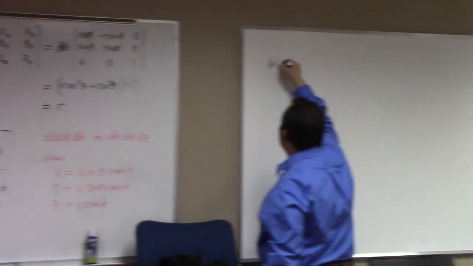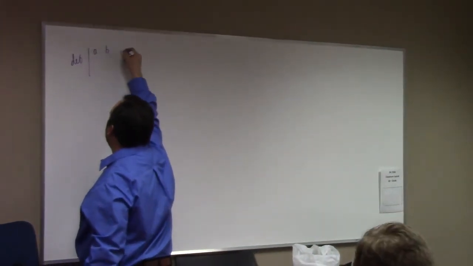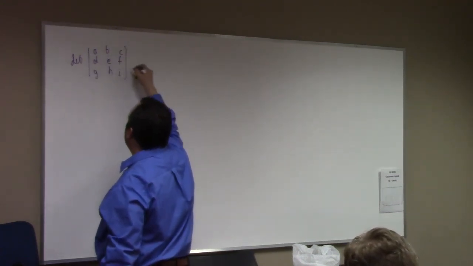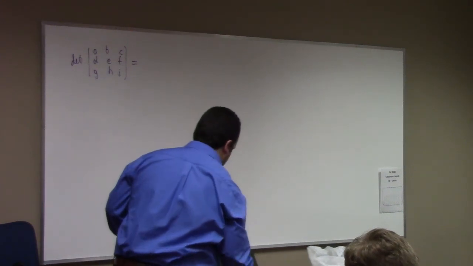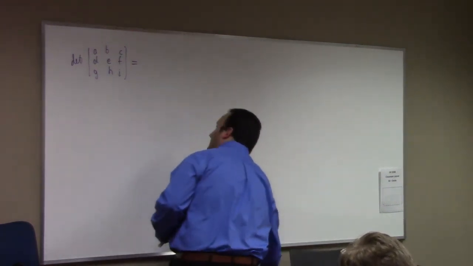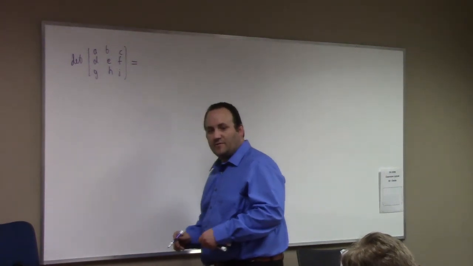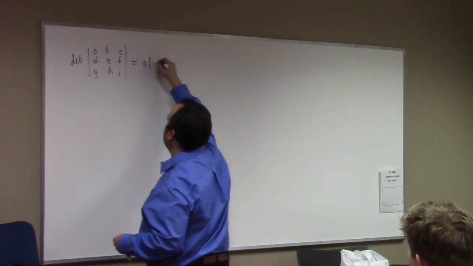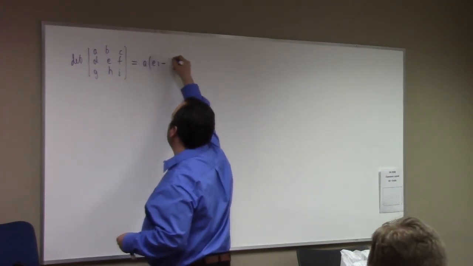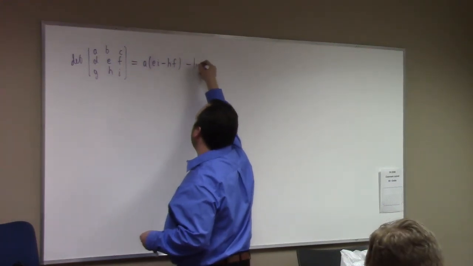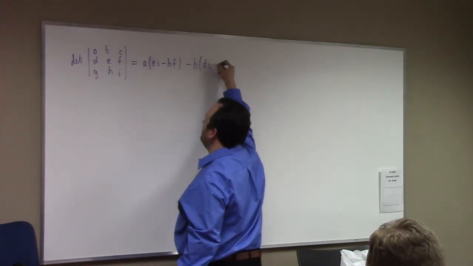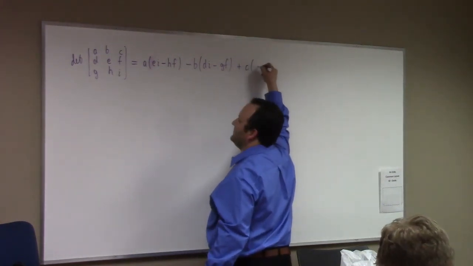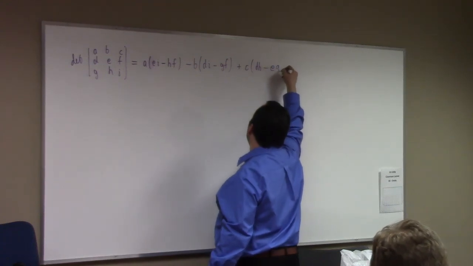So here's the determinant of a 3 by 3 matrix. A, B, C, D, E, F, G, H, I. While there are, of course, dozens and dozens of tricks, this formula will work. So A times (EI minus HF) minus B times (DI minus GF) plus C times (DH minus EG).